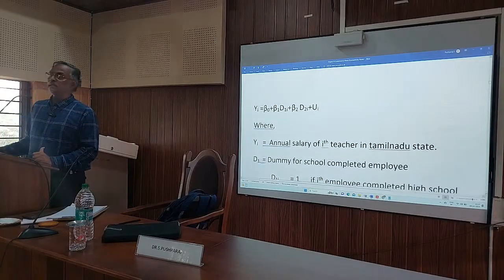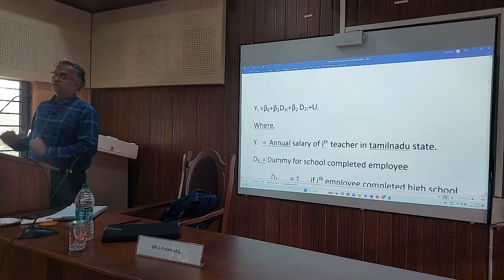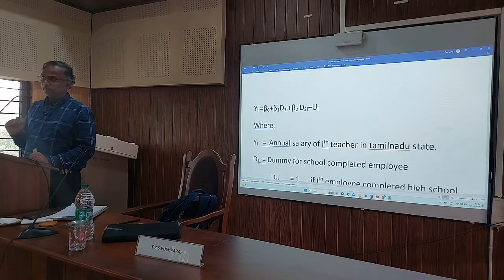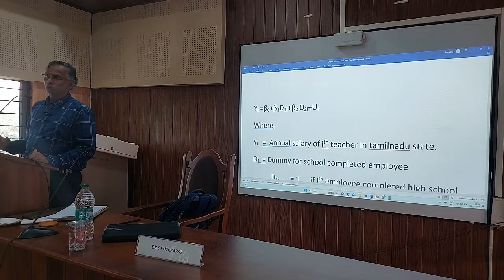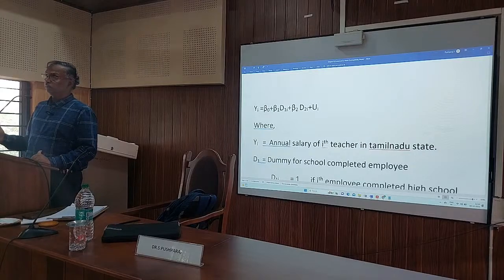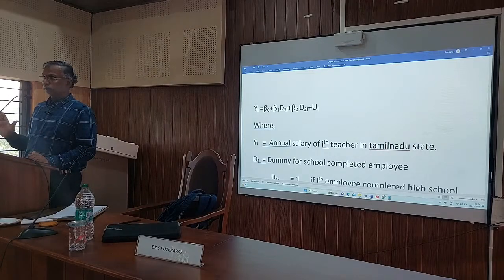Then what would be beta 1? Beta 1 is the premium salary of the school-going employee over and above the illiterate employee. Beta 2 is the premium salary of the college-going employee over and above the base category, the illiterate employee. Get this point clear?